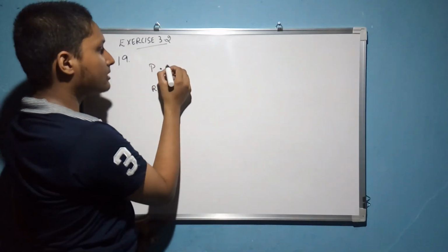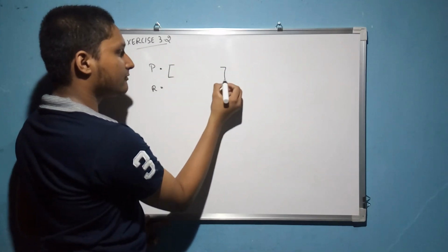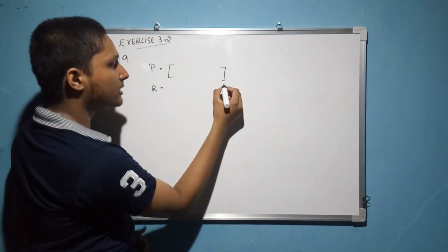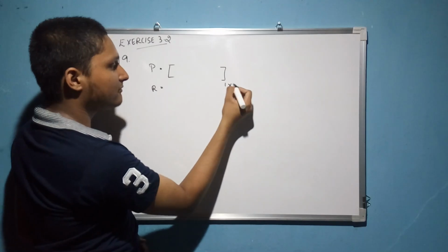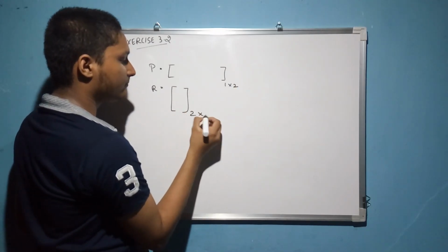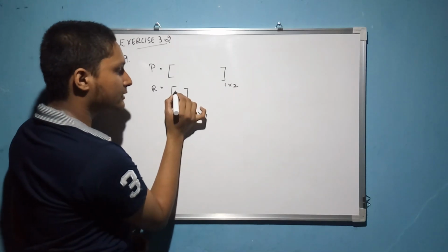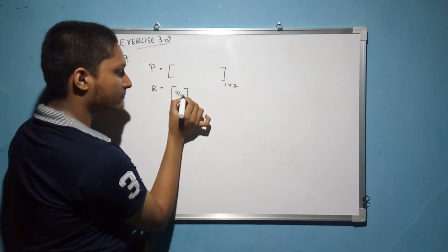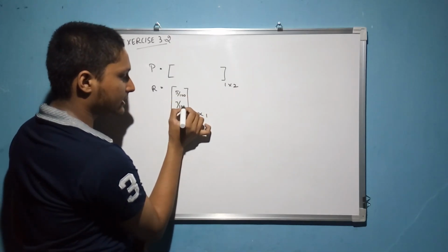Now we need to take it for two things. So let me take it to be a 1 by 2 itself, and this let it be 2 by 1. So the rate is given to be 5% and 7% respectively here.